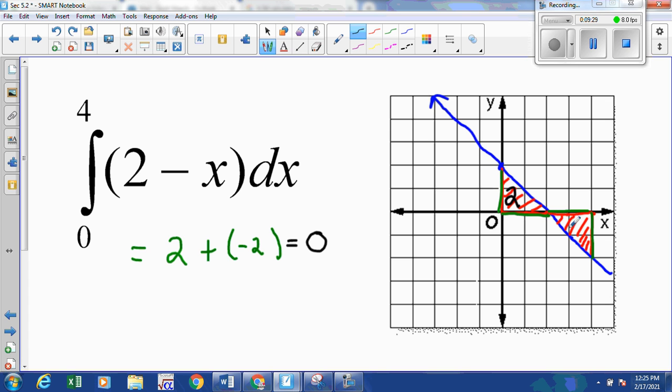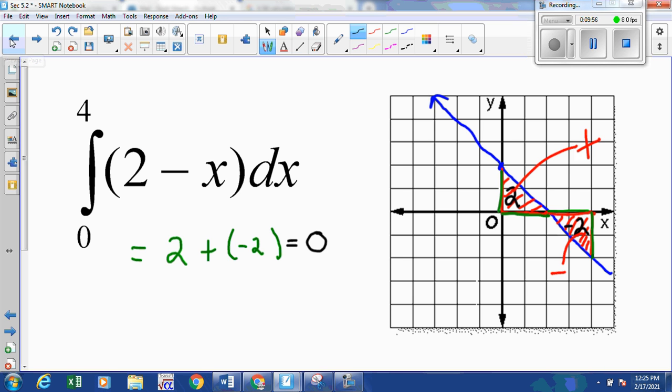The area below the x-axis is negative 2. Anytime you have area above the x-axis, that's positive. Anytime you have an area below the x-axis, that is negative. Now, in this case, they're equal, so it gives you 0. It's possible they're not equal, so you can get a positive or negative answer. But the thing to remember is anything below is going to be negative.